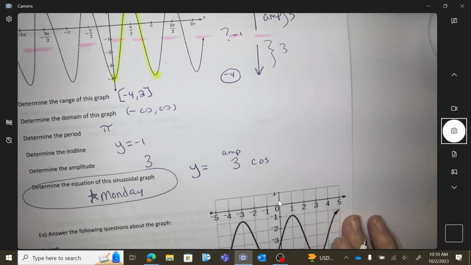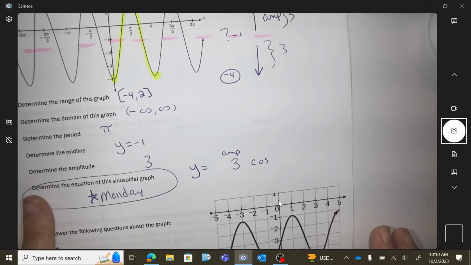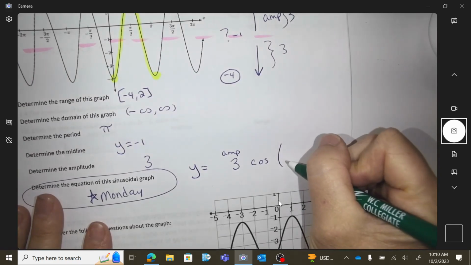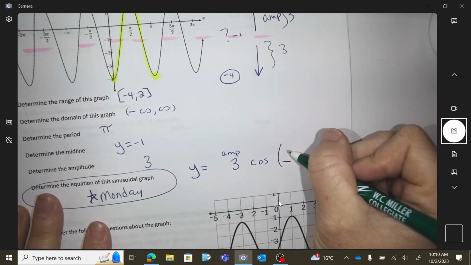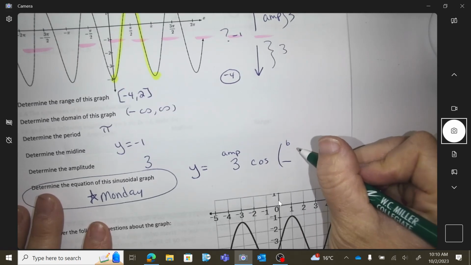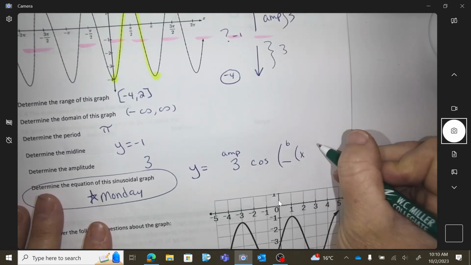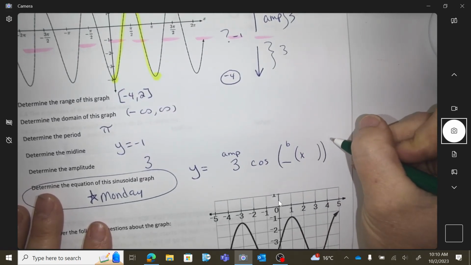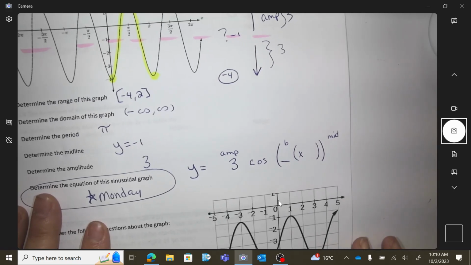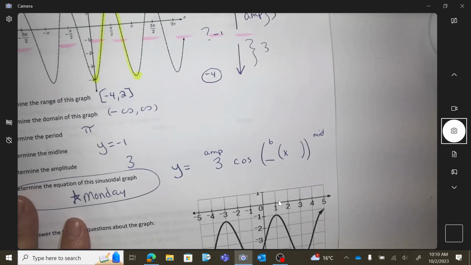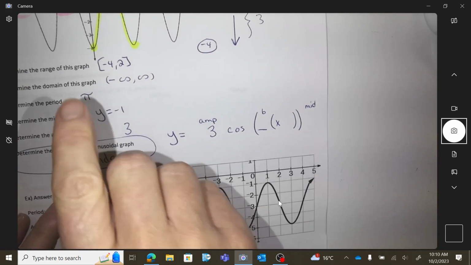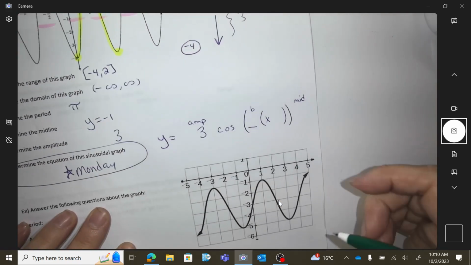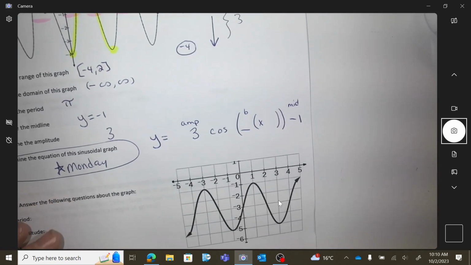I wouldn't be worried about that right now. And then there's going to be a B letter in here. And then at the very end, you're going to have to write your midline. So we went down 1, so I'm going to write down 1 there.